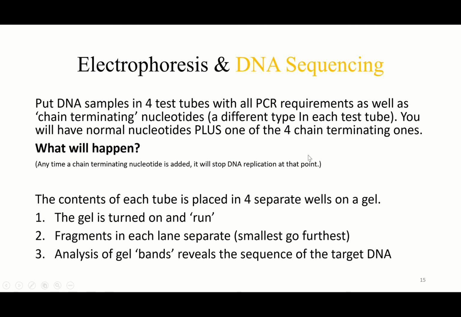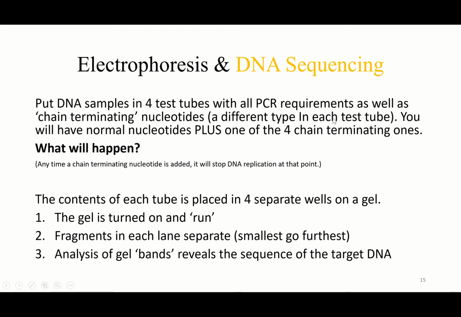So you have the normal nucleotides plus the chain terminating ones. And given enough tries, because we do this many times, all of the chain terminating ones will have attached to at least one of the bases.